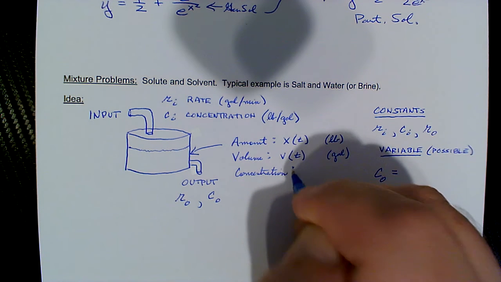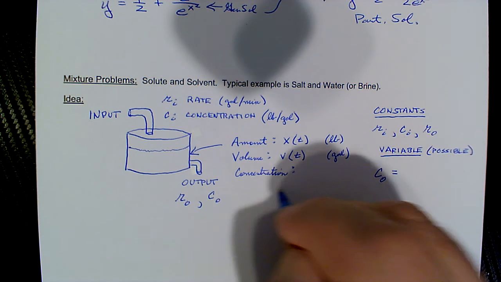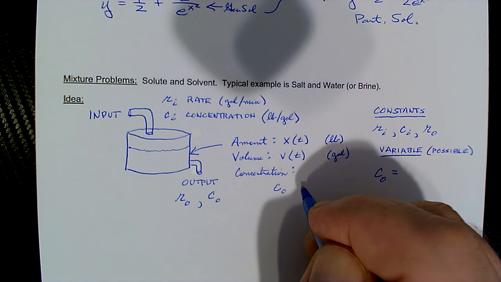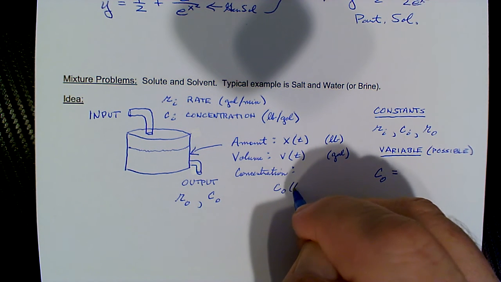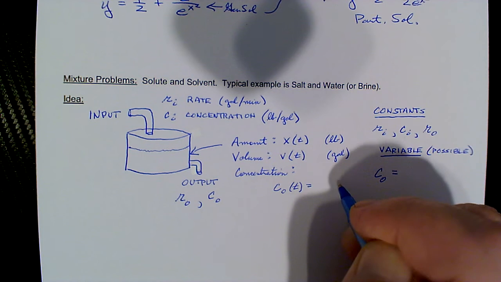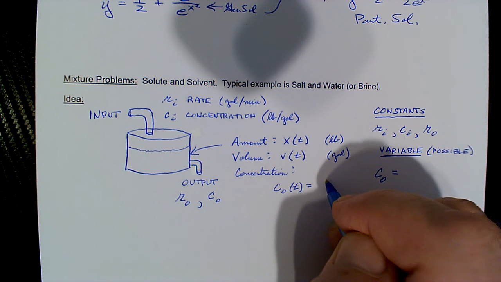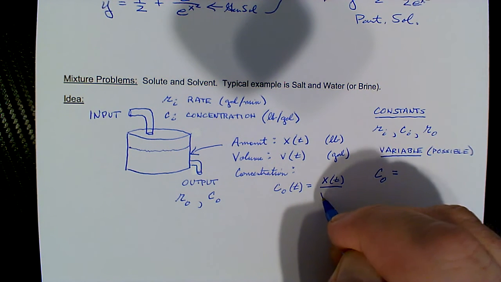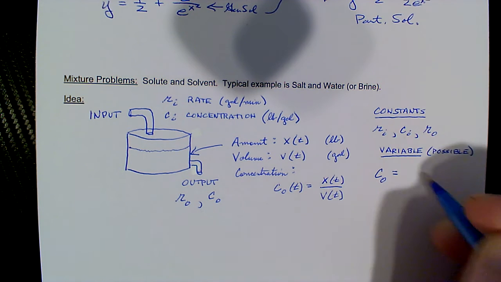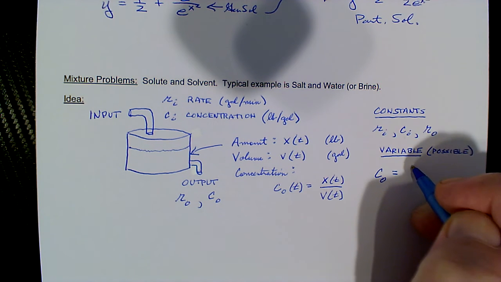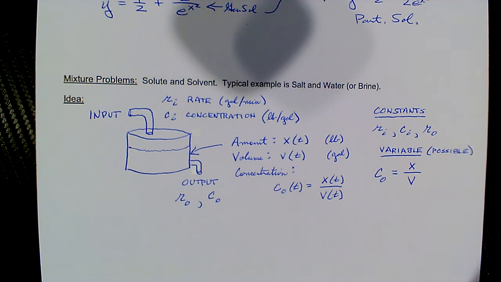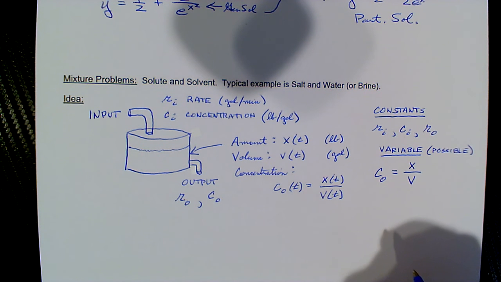So the concentration at any time, again, is going to be given, we'll call it C sub O, which will be a function of t, and that'll be just the ratio of the amount x of t over the volume V of t. So the variable we'll say is the concentration coming out, which we'll just call x over V. Alright, so that's our scenario.